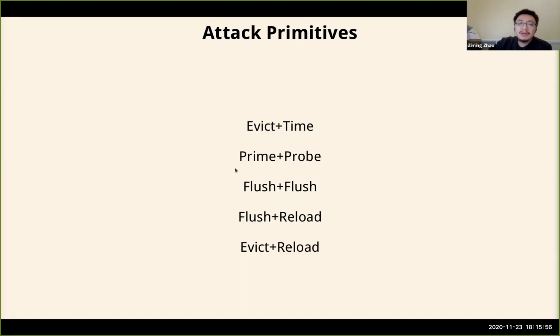Evict time, prime and probe has been very popular. Flush reload is more popular than flush. Flush is also very useful. Then for some CPUs, there is no flush instruction, then we have evict reload. We're going to look at those at code level.